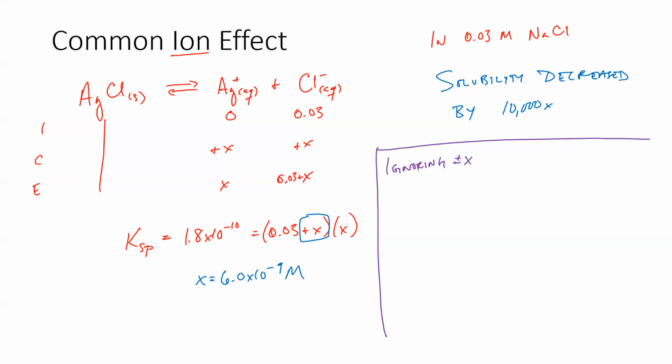And then the rule that we're going to use is that it's okay to ignore if X is 1,000 times smaller than the value.